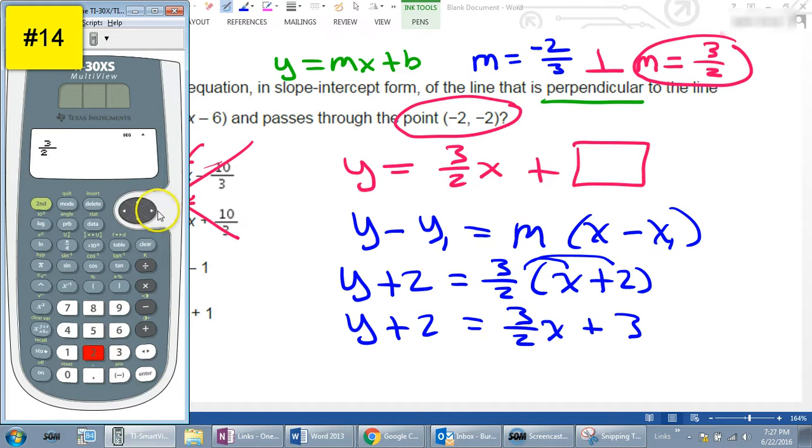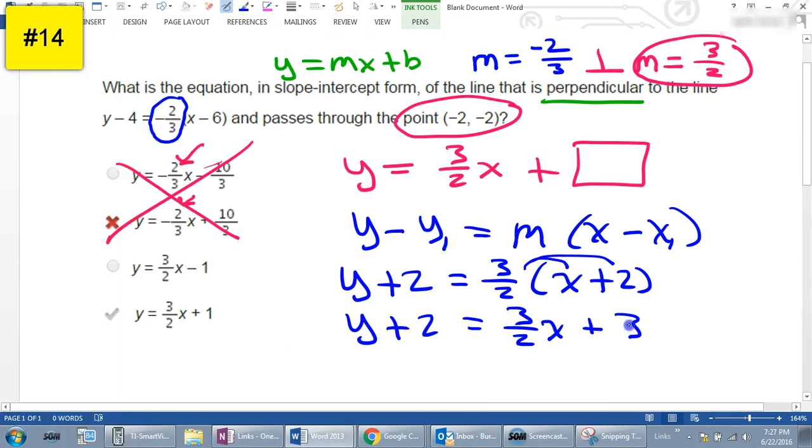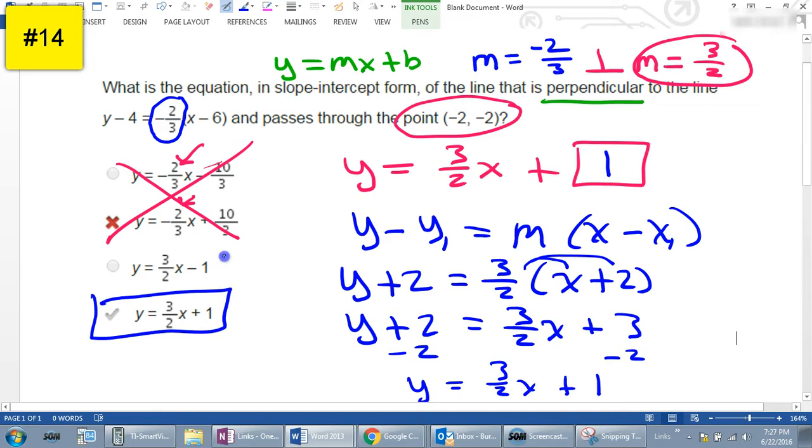Now I know that that'll be 3 because the 2's cancel out. So that's why it's 3. And then I just subtract 2 from both sides. So that gives me y equals 3 over 2x plus 1. That's why it's the last one.